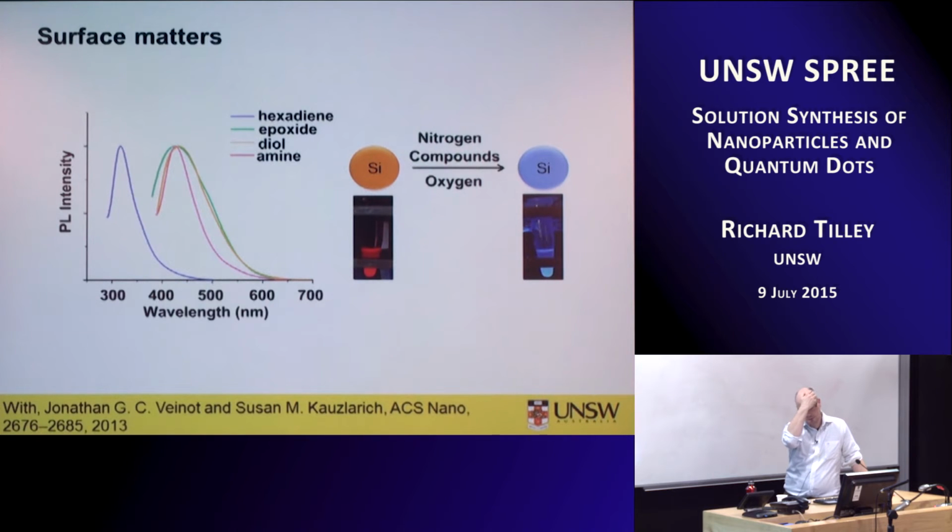This stemmed from something he noticed in his lab, where he made some silicon dots which were glowing a nice red color, and that's typically associated with silicon dots which have a silicon-oxygen bond on the surface. He was playing around and he put in a capping molecule which had a nitrogen group on the surface, and then he found that his dots turned to a blue-emitting dot.